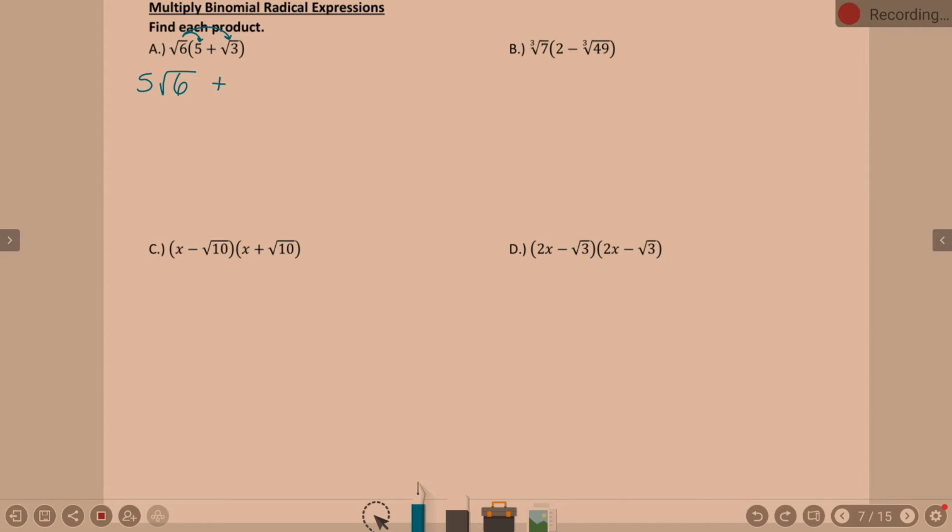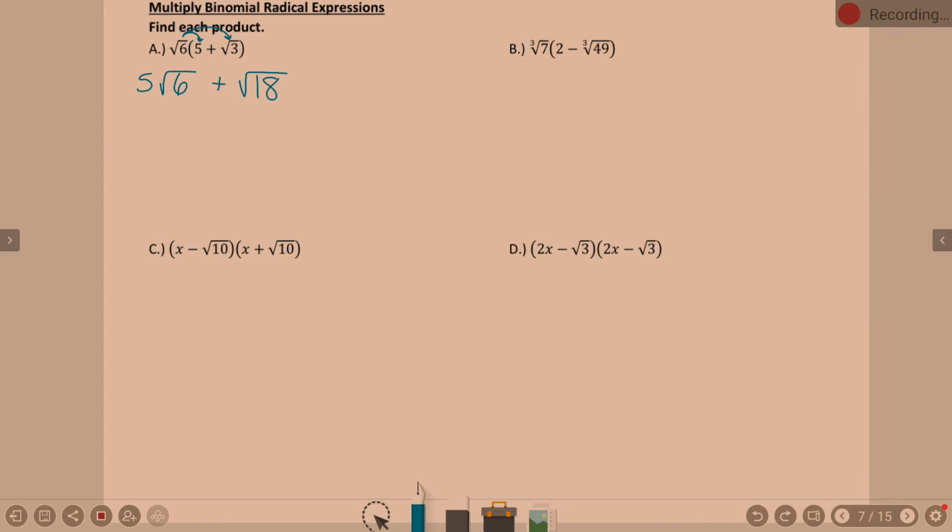As long as they are both square roots, we can multiply them. Square root of 6 times square root of 3 is going to be square root of 18.